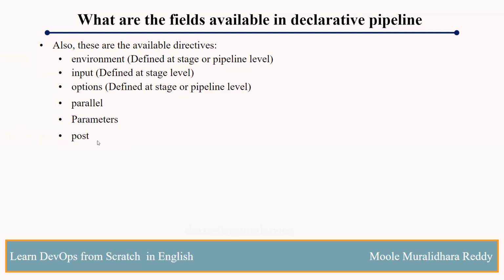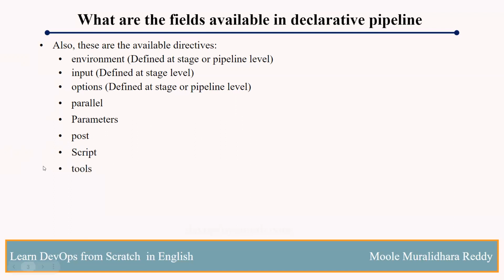Same thing here also, in the post section we can define things like sending a notification. Okay, post option. If you want to run any script, you can use the script option also. Using the script option inside the stage level, we can run that particular script when that stage is executed.